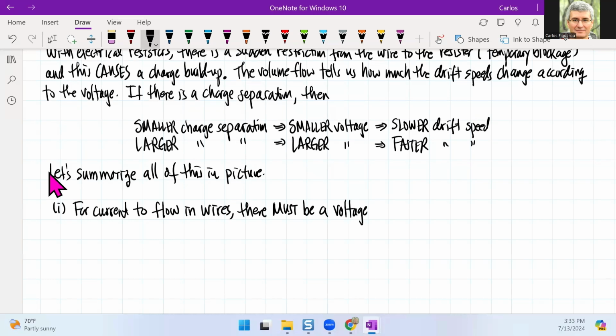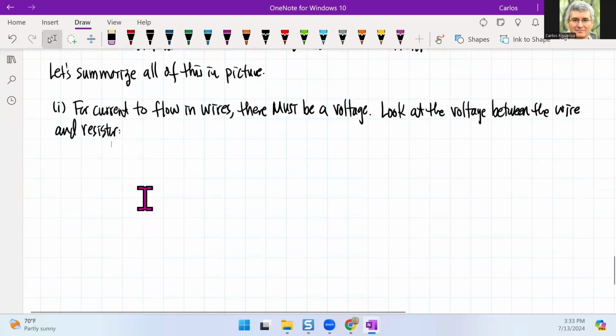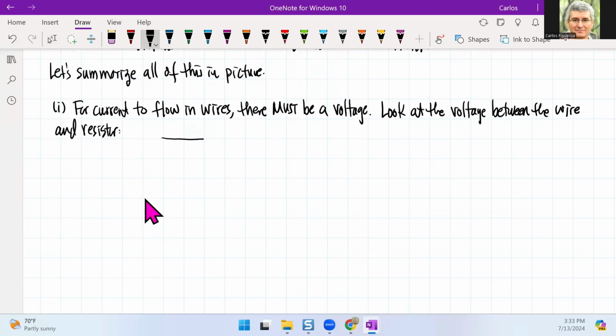So in this case, we want to look at the voltage between the wire and resistor. So if I do that, I imagine that I have this now. I have this guy here.